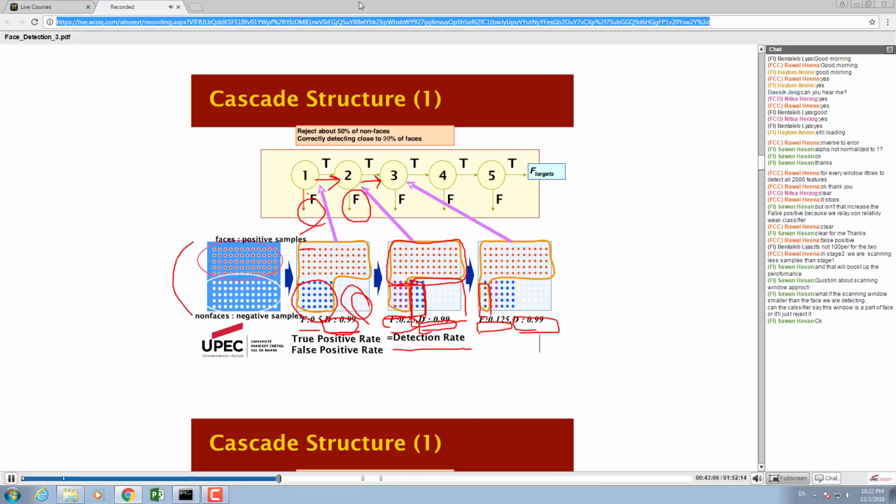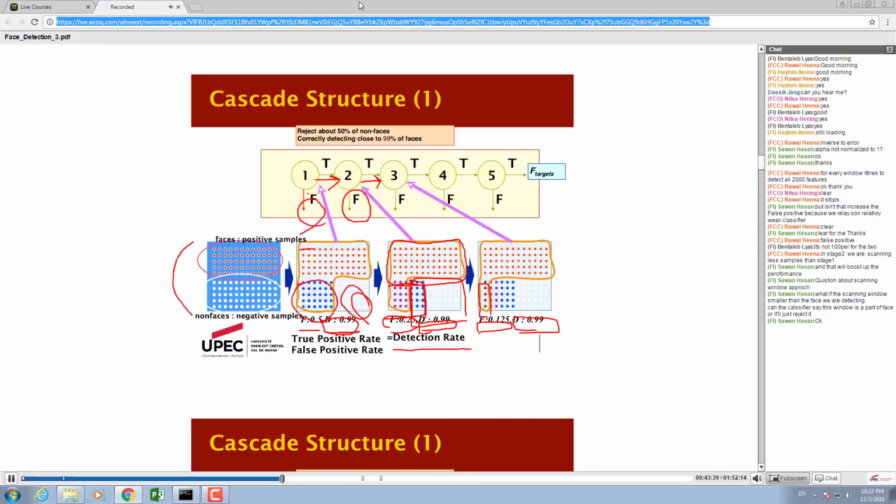So in other words, in this stage-based, cascaded approach, the role of every stage is filtering. In stage 1, because we have a high true positive rate, we assume the true samples, the true faces, will be transferred to every stage, hopefully to the final stage.